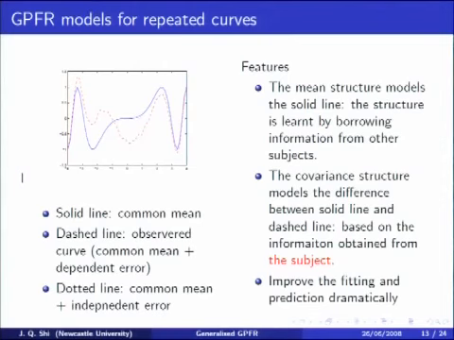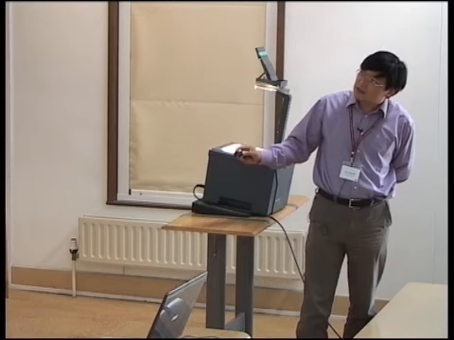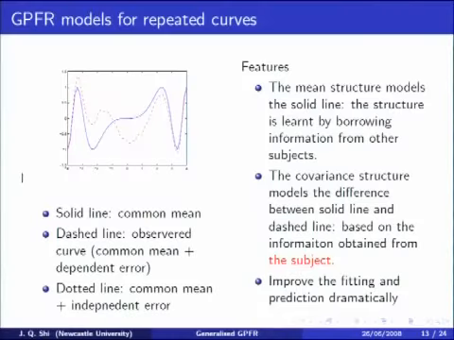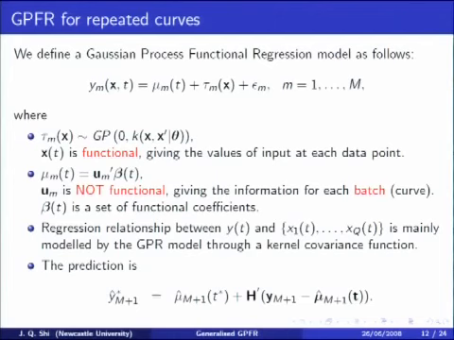The most important part is the second part. The difference between the red one and the blue one is the residual, and we use a Gaussian process regression model to model this residual. This part corresponds to the Gaussian process regression model, and we use it to improve the prediction.